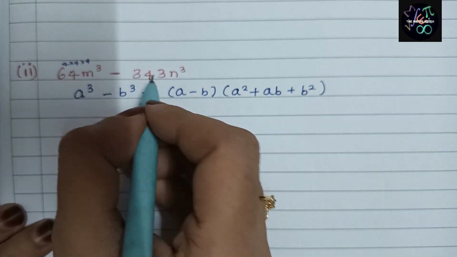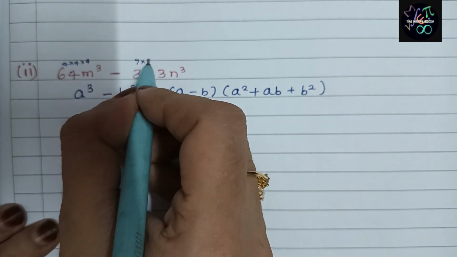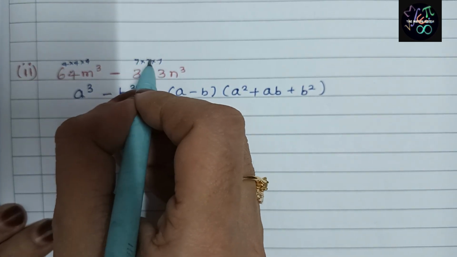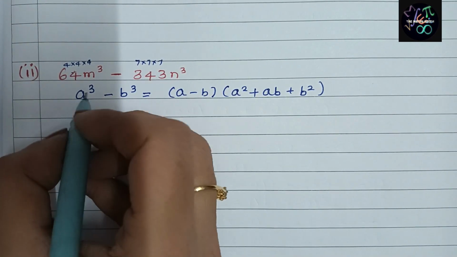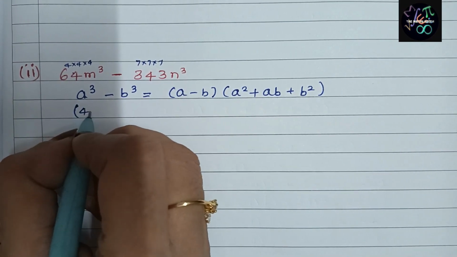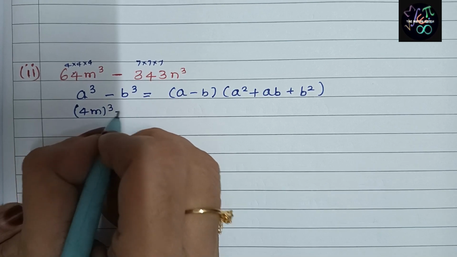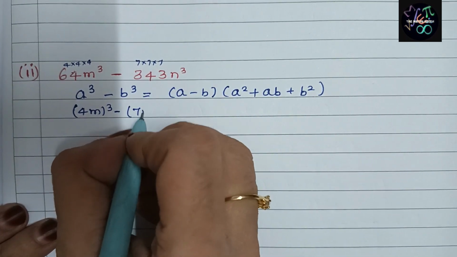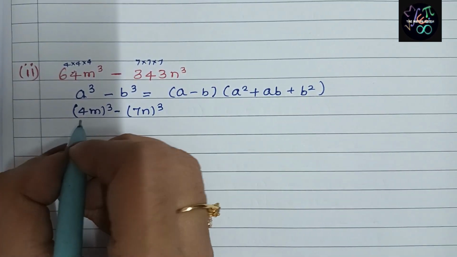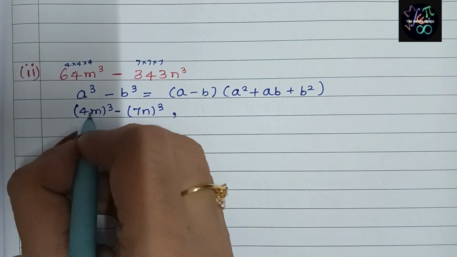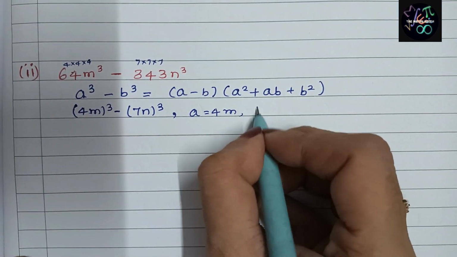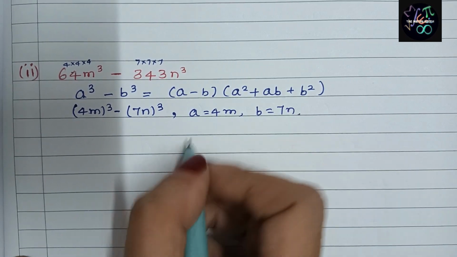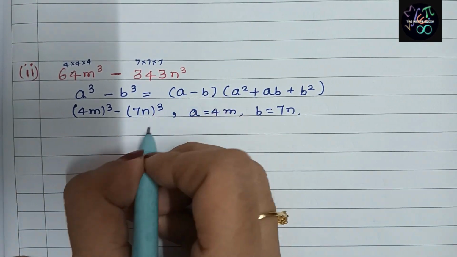Here 343 is 7 into 7 into 7, 7 sevens are 49, 49 sevens are 343. So I will write this as 4m cube minus 7n cube. So a value is 4m, b value is 7n. Okay, now let us substitute in the formula.